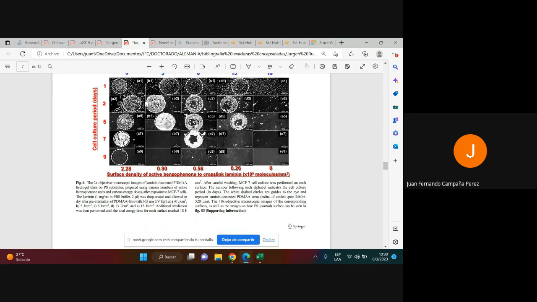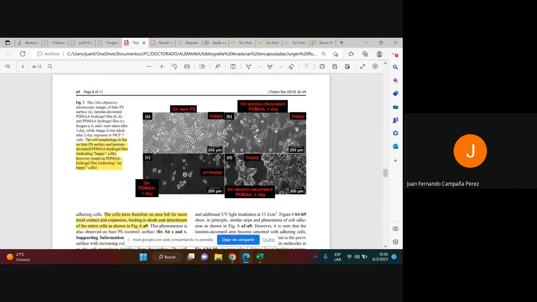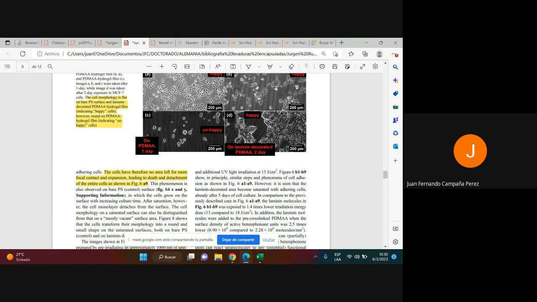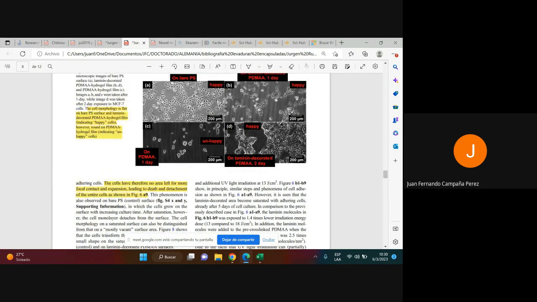Using these micrographs, they found that the cell morphology was flat on bare PES surface and on laminin-grafted PDMAA, indicating what they call happy cells, so they can proliferate along the polymer.